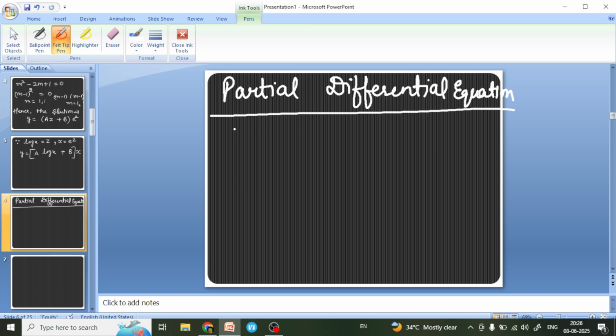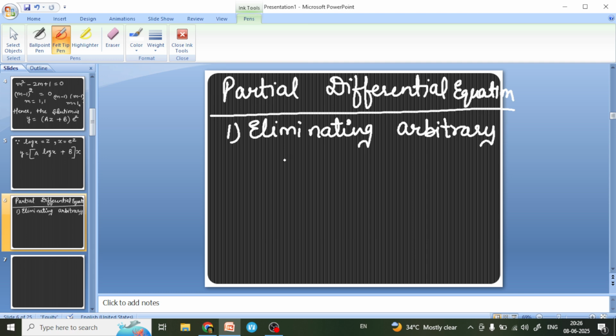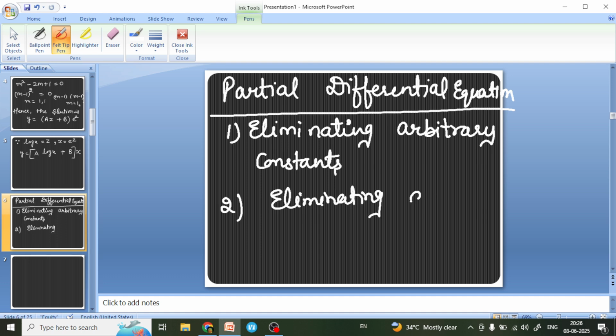First is eliminating arbitrary constants, and second one is eliminating arbitrary functions.